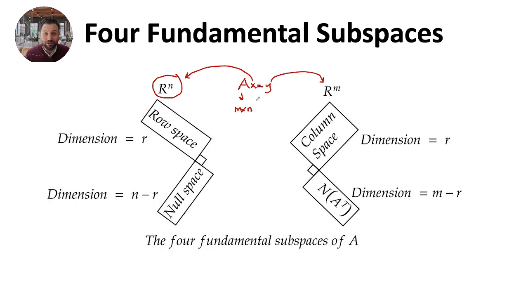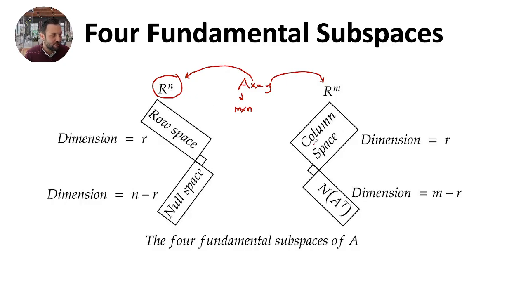I will have to have m rows because my output, my y, is in m dimensions, and my number of columns has to match my domain vector space.